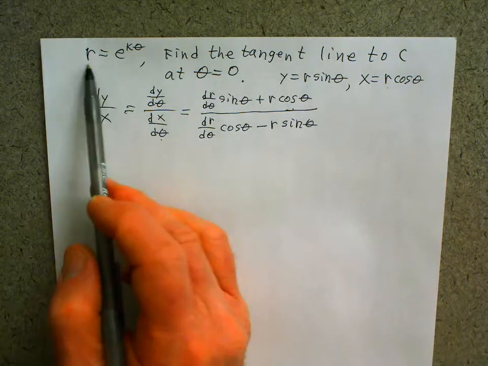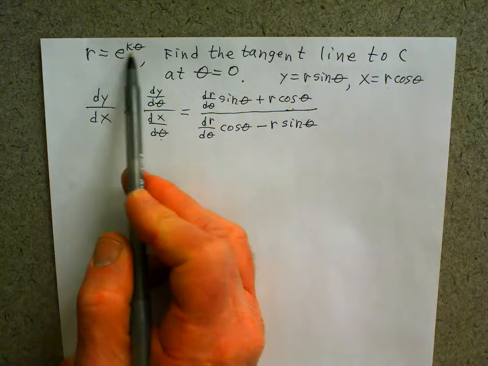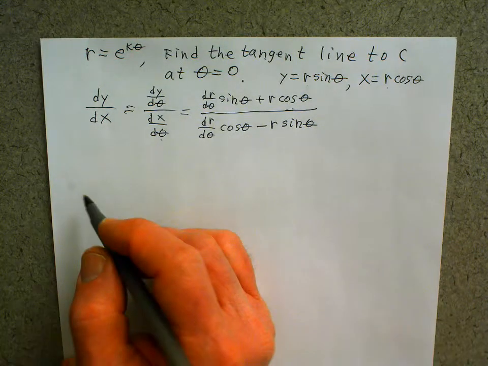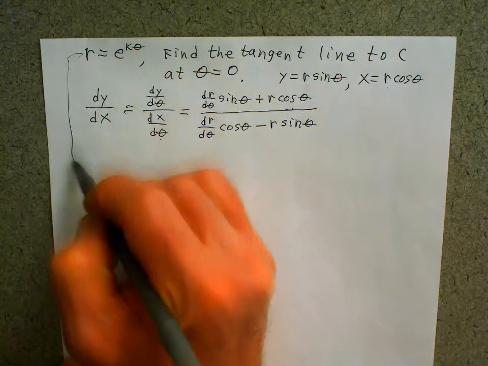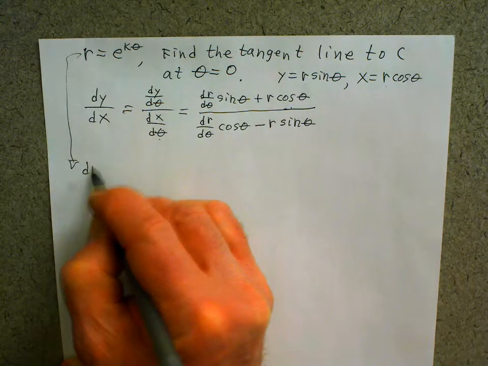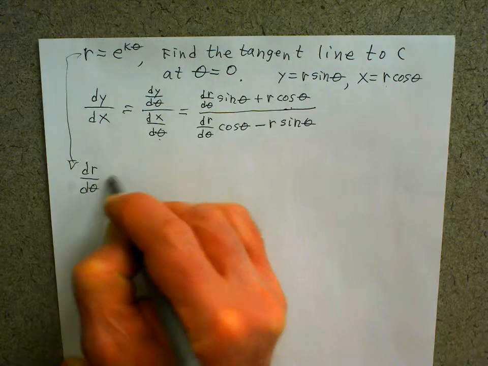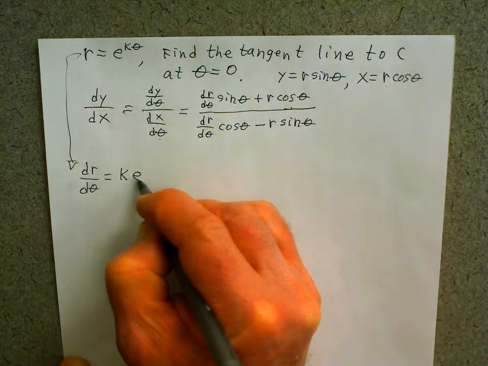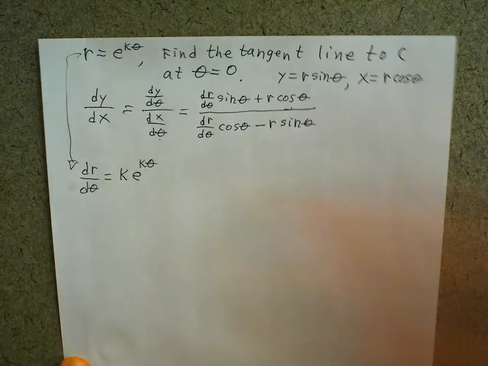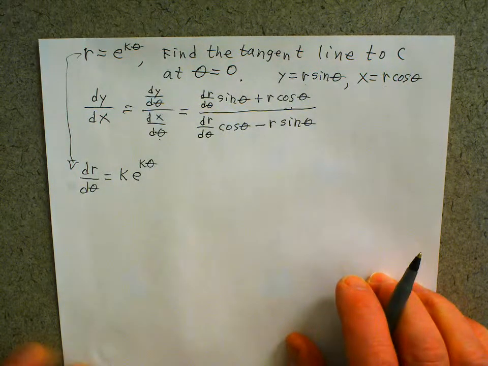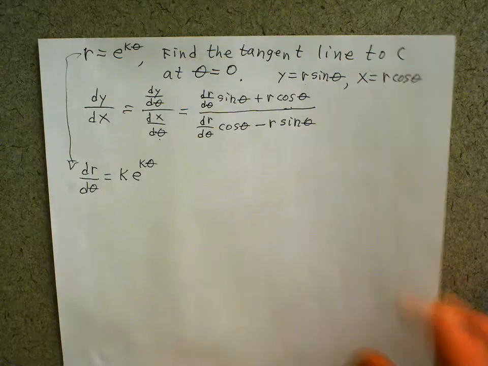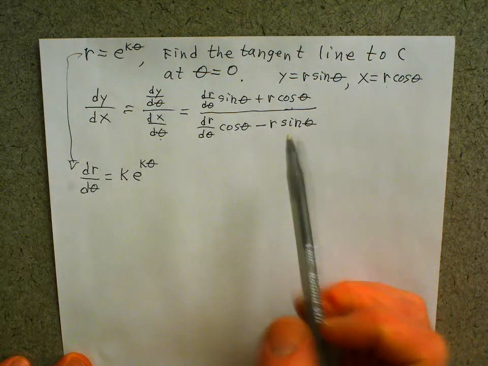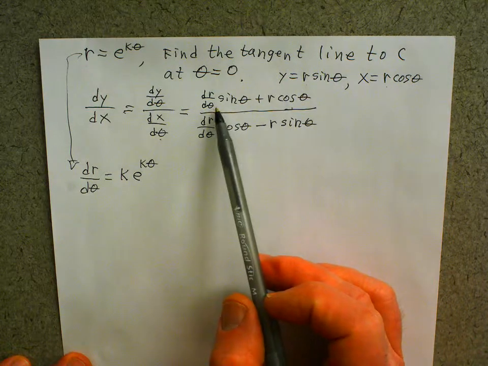But since r is equal to e to the k theta, dr d theta is k times e to the k theta. And then we just make substitutions.